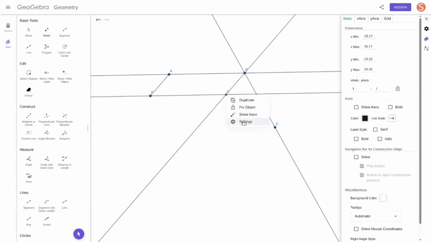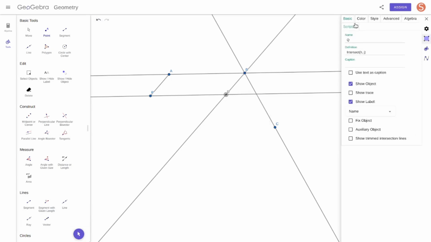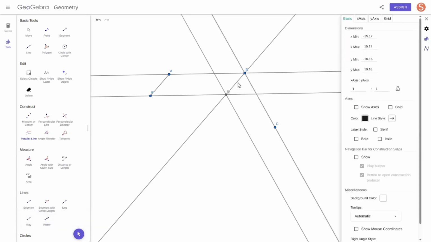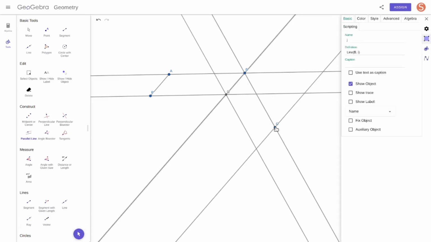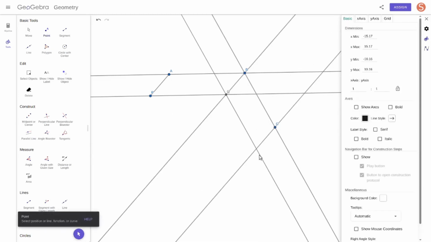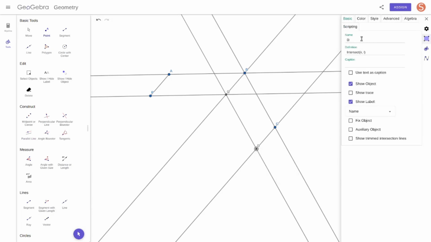And that's now my point Q. So now I've translated P to Q, and then now I do another parallel line here, and parallel line here, and this point right here is the point I'm going to call P prime.